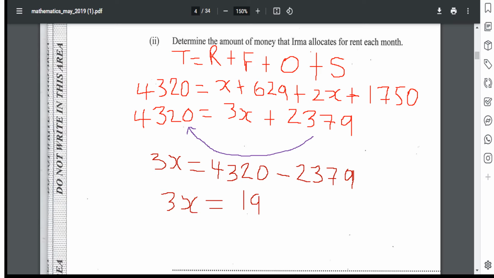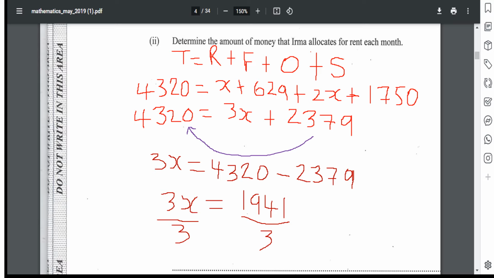But we want to find X, so we divide both sides by 3, this side by 3, and this side also by 3.